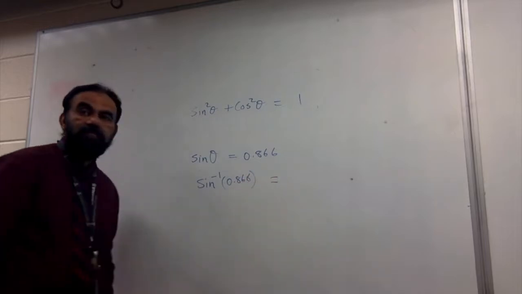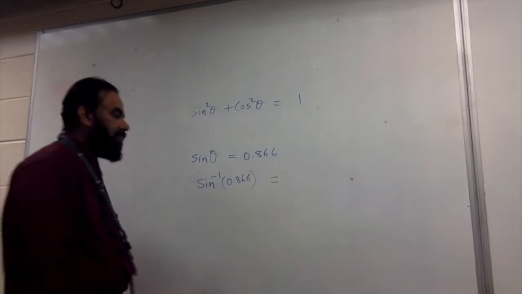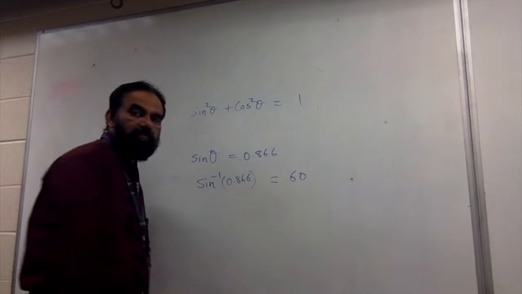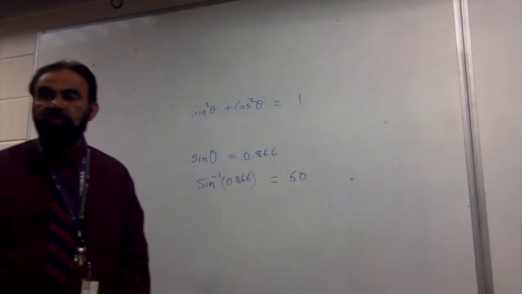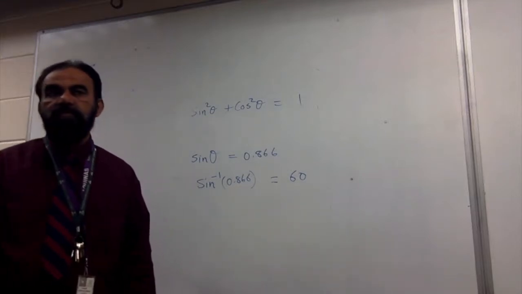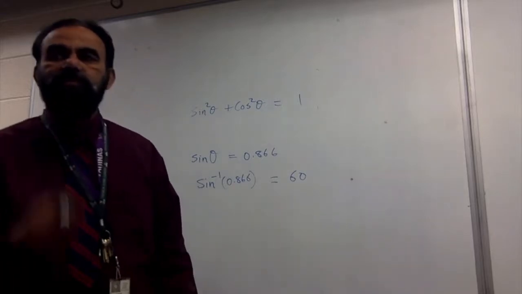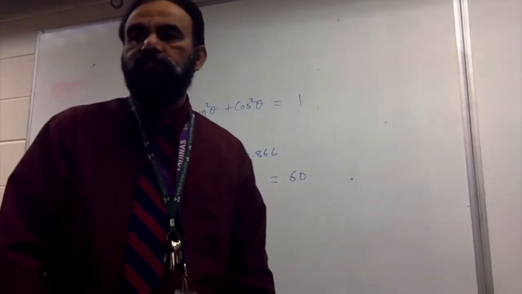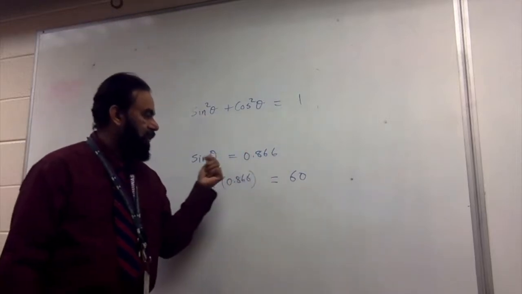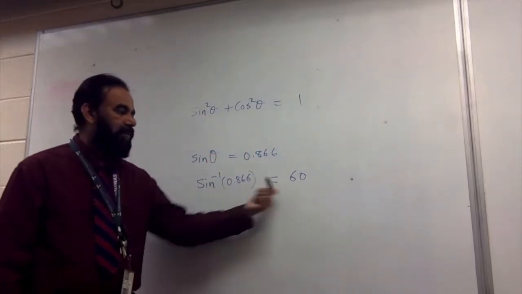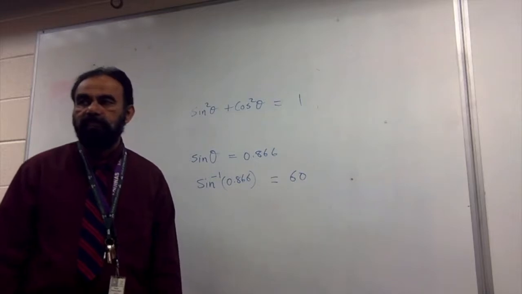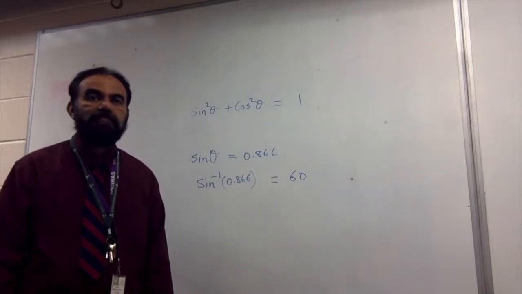And you get theta, which is 60. You can try it out in your calculator and see if it works. Everyone should try it, otherwise when you're solving a problem, you may end up having issues. So you have the ratio and you want to find the angle, you work backwards like that. You use it so many times.